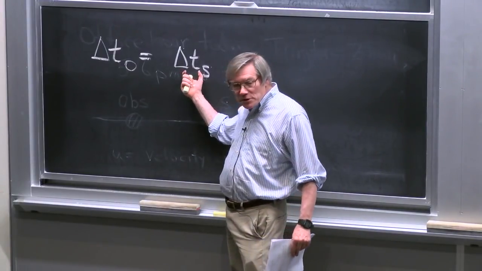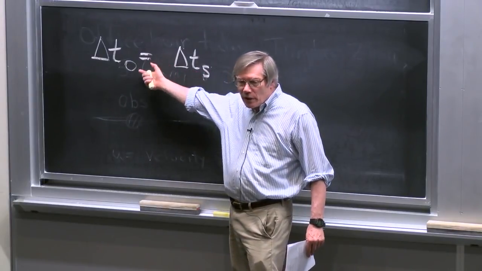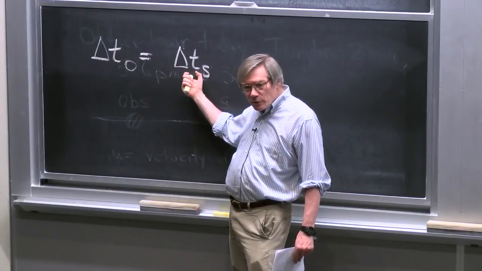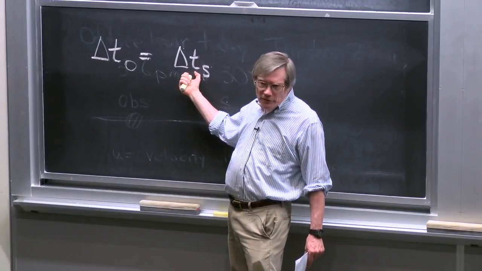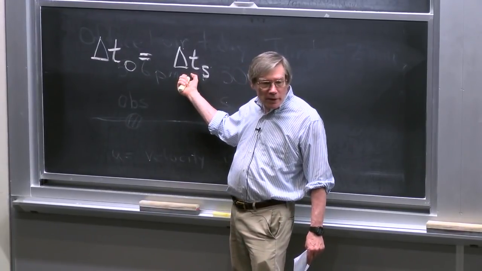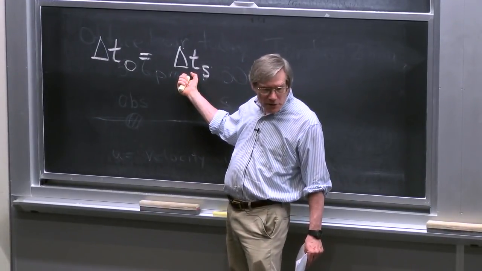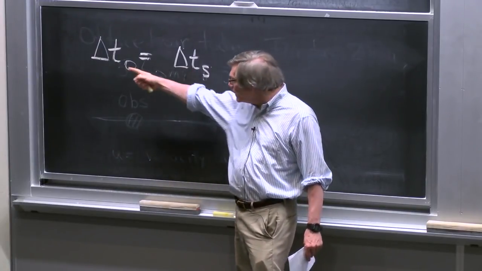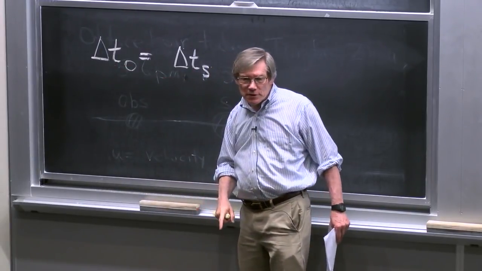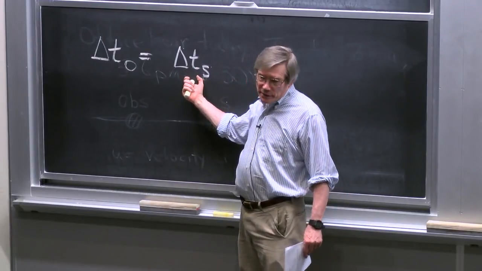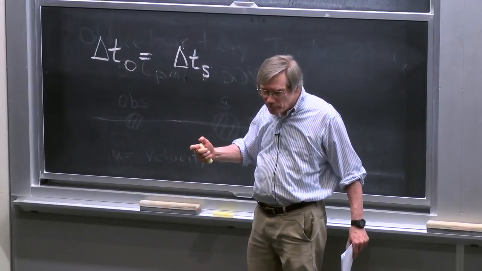So if this clock is running slower, and say we're talking about a second time interval, it means it takes longer for it to tick off a second. Maybe it was running slower by a factor of 2. It would mean that it would only tick off a second every 2 seconds. So the time interval that we would see, and that's what we're trying to calculate, the time interval for the observer, is going to be longer than delta t sub s by a factor of gamma.